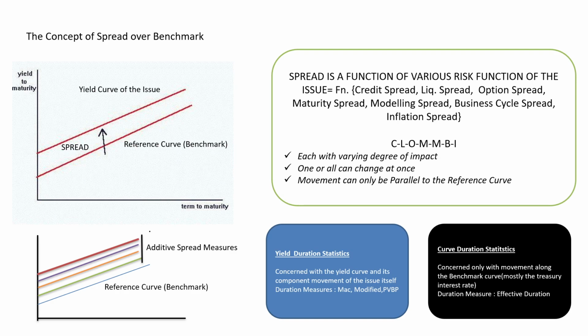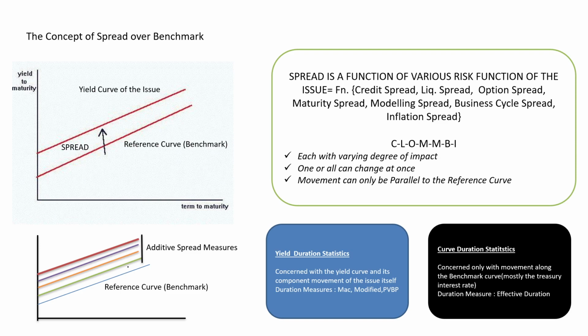But again, to the uninitiated or the ones who have recently joined my channel, let it be known that there is a reference curve in the market, and more often than not, the reference curves are basically the treasury securities themselves or very highly liquid securities in the market, which are near or almost or actually default free securities. In the absence of some maturities, the swap spreads of the respective sovereigns are also taken as the reference curve or the reference benchmark.